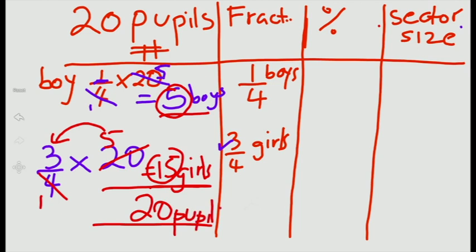So this gives us an assurance that we're still on the right route. Now we've got the number of boys and the number of girls: 5 boys and 15 girls. In the fraction column, we've got 1/4 boys and 3/4 girls. Now I want us to move on to the next column, which is the percentage column.